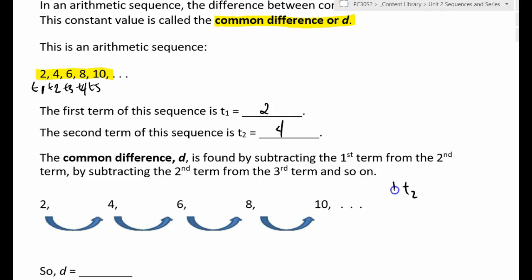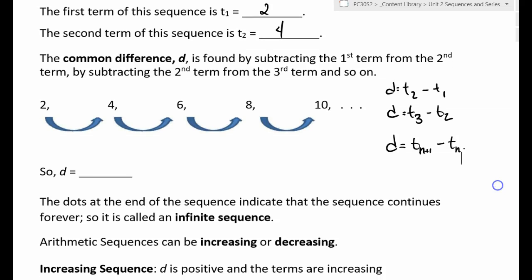So d equals T2 minus T1. You could also figure it out by doing T3 minus T2. In general, your difference is term n plus 1 minus term n. In this particular example, the difference is positive 2.